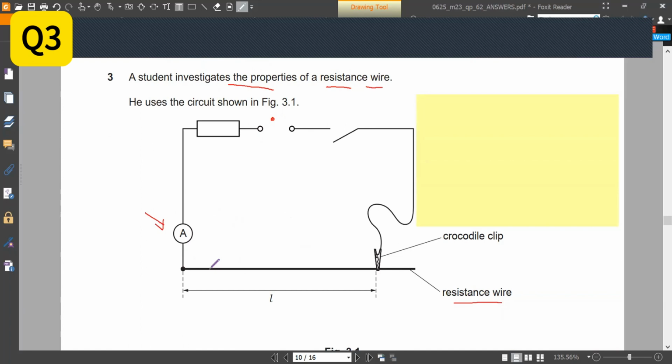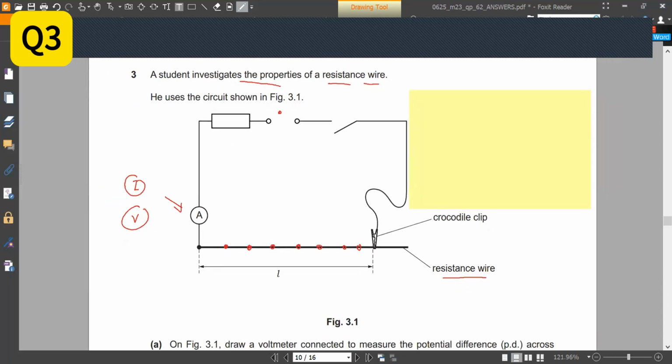So basically, we will place the crocodile clip at different positions. Then it will give us a series of current measurements and also the potential difference measurements, which we can use to work out the resistance. So straightforward.